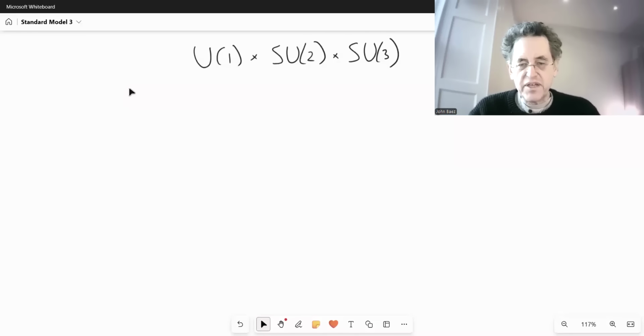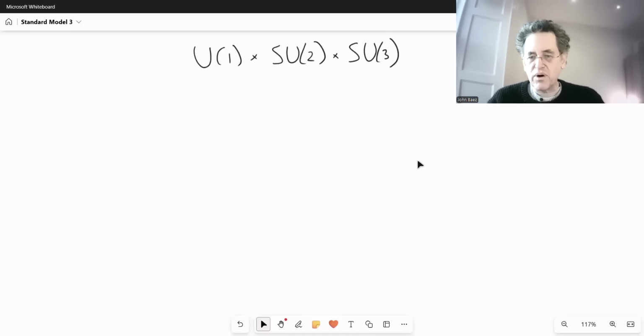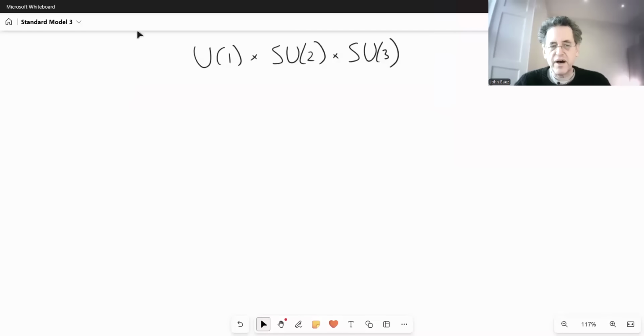I'm going to try to phrase it in terms of the standard model and what we can do with the standard model. So let's go that way. You will hear repeatedly that the symmetry group of the standard model, the so-called gauge group, is U1 times SU2 times SU3.